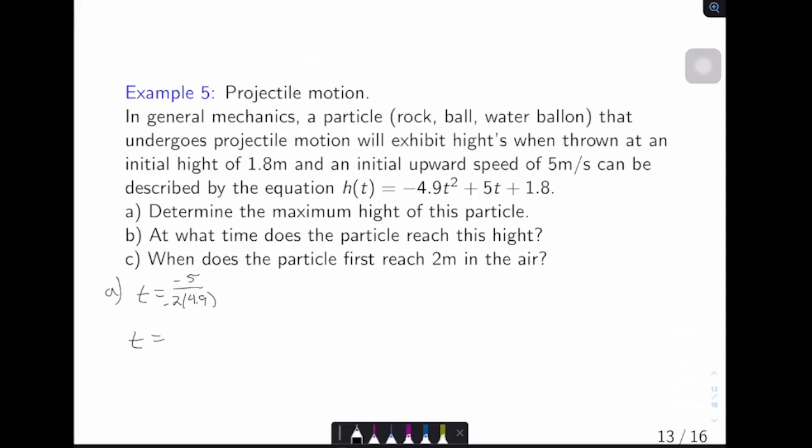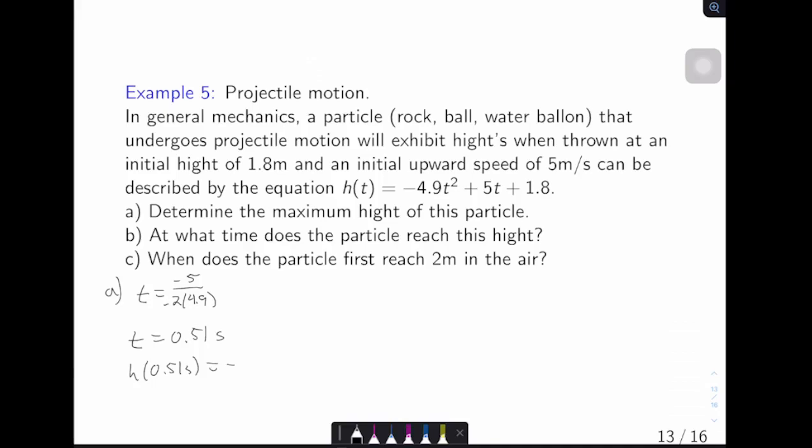All right, so I'm going to get my t is approximately 0.51 seconds.